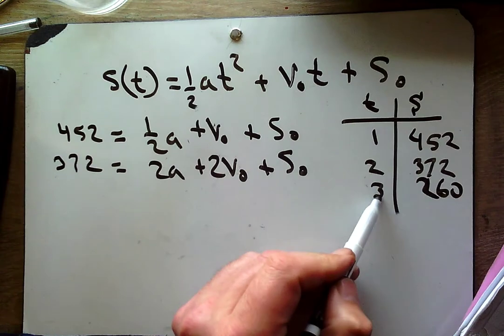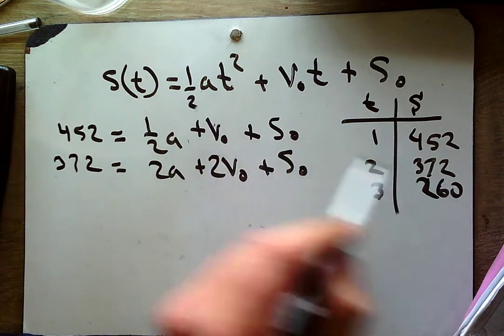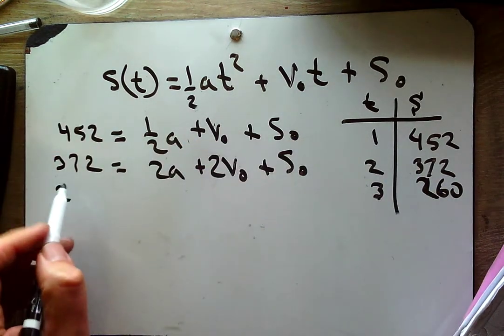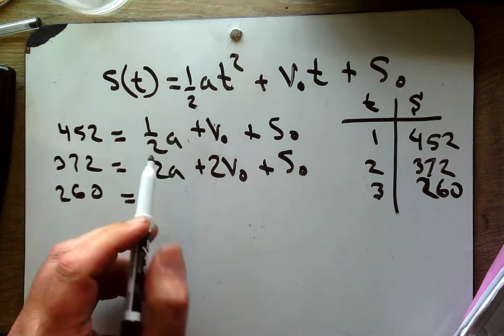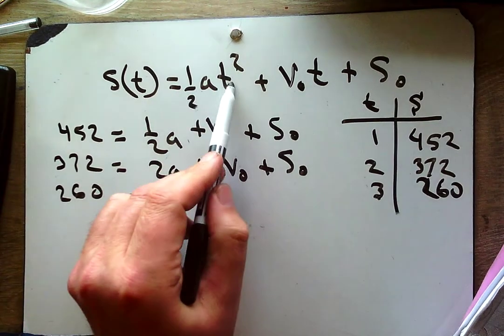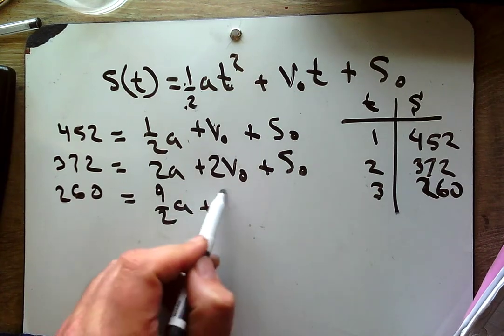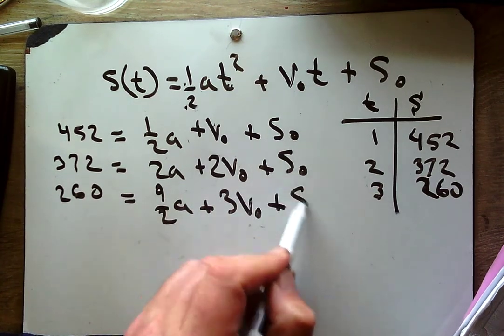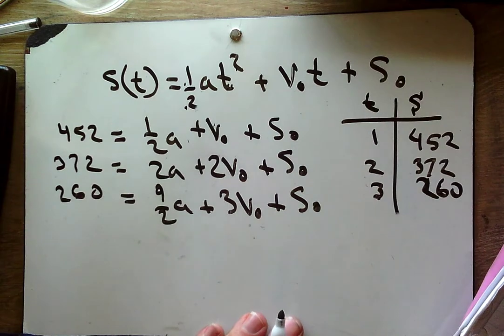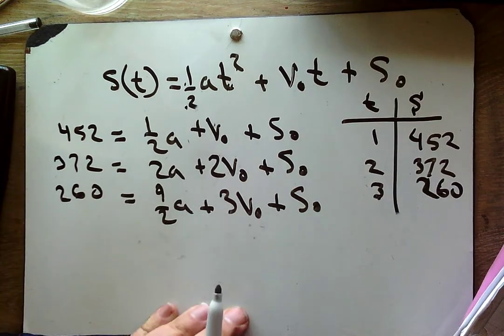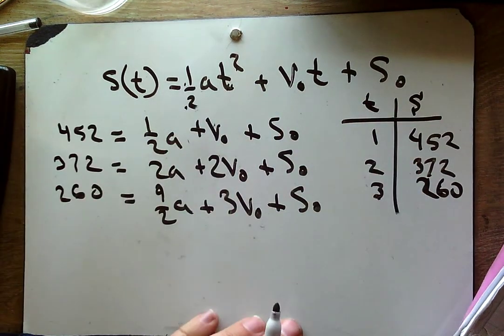Finally, I plug 3 in for t and 260 in for s: 9 halves a plus 3 v sub o plus s sub o. I have to build the three equations by using that general parabola model that Newton came up with.